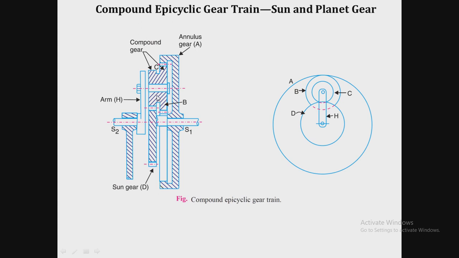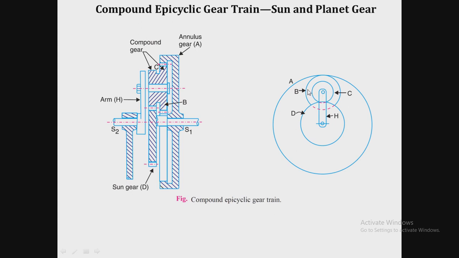The compound gear is in meshing with the sun gear: the first gear is in mesh with the sun gear and the second gear is in mesh with the annular gear. So A is the annular gear, this D is the driver, and this is the arm H. Then this B and C combination is a compound gear.